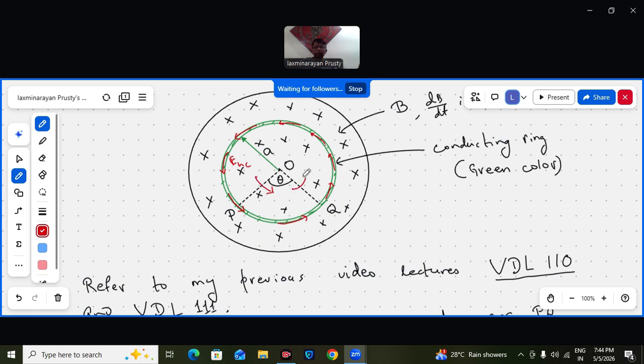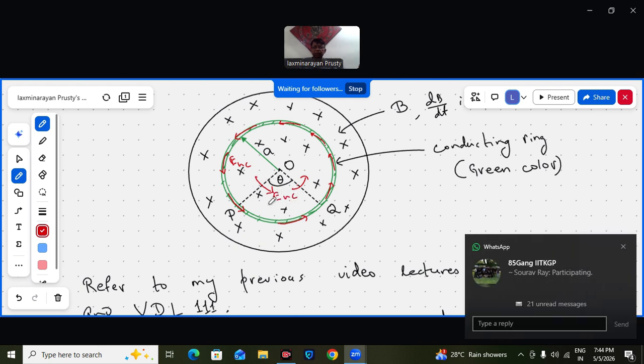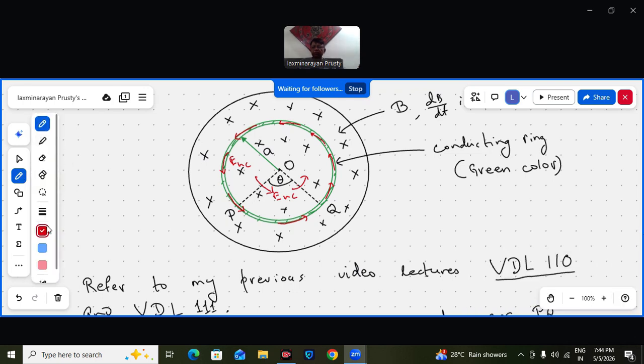The induced field E_NC is tangential, and dL is radial.